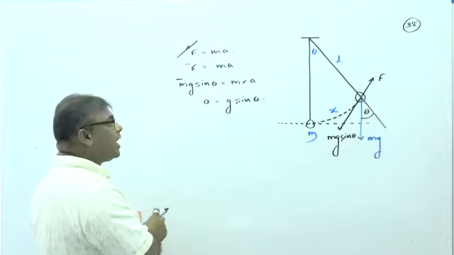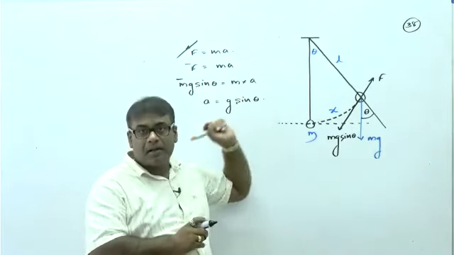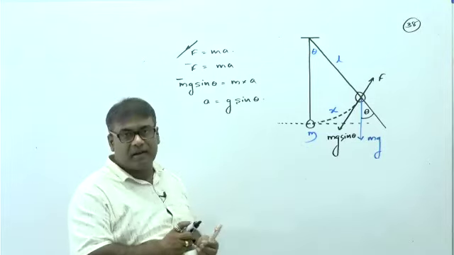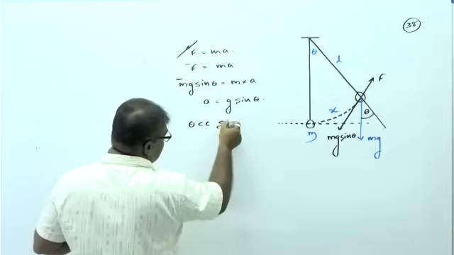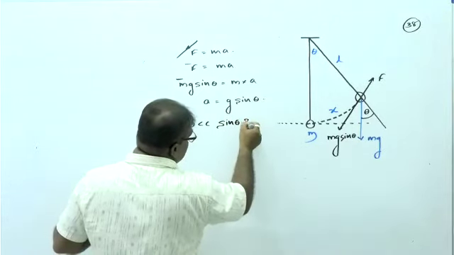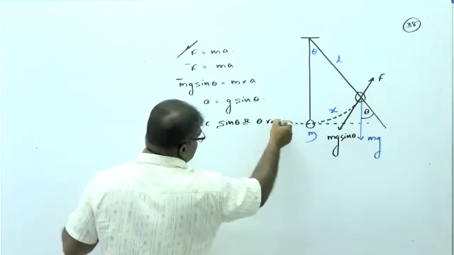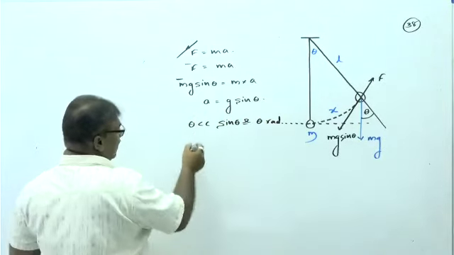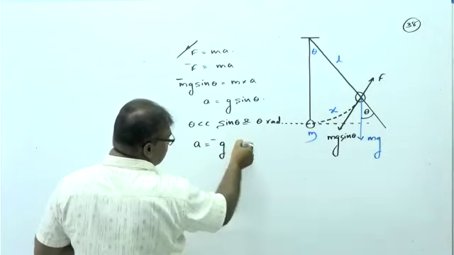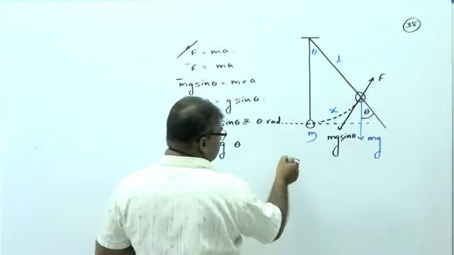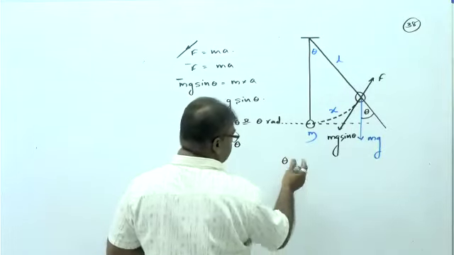Now we derive this equation by considering a small deviation angle. Theta is very small, so sin theta is nearly equal to theta in radians. So we have a equals minus g theta.